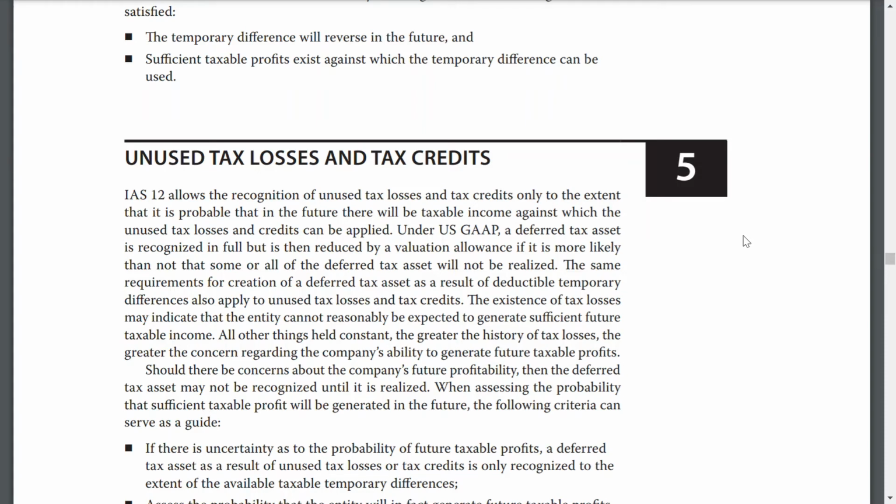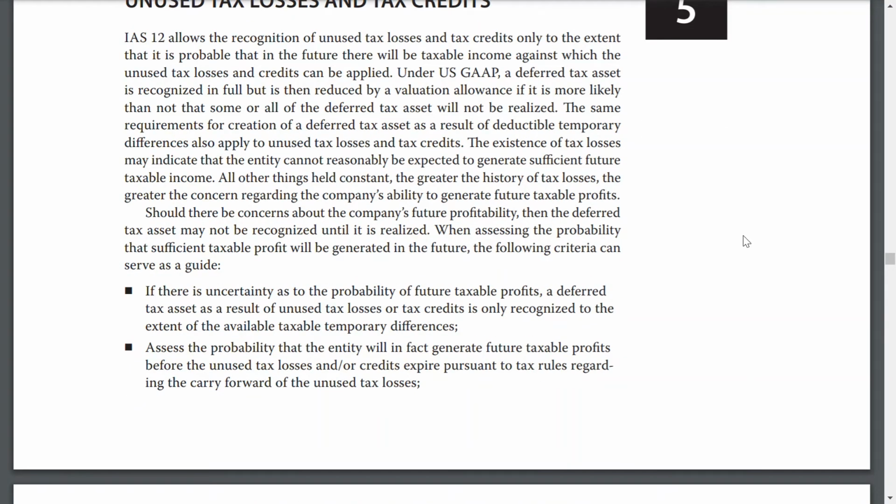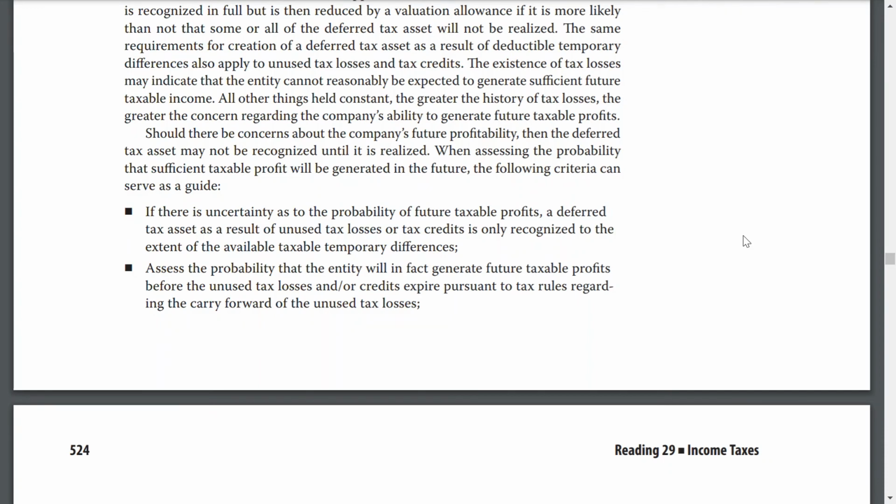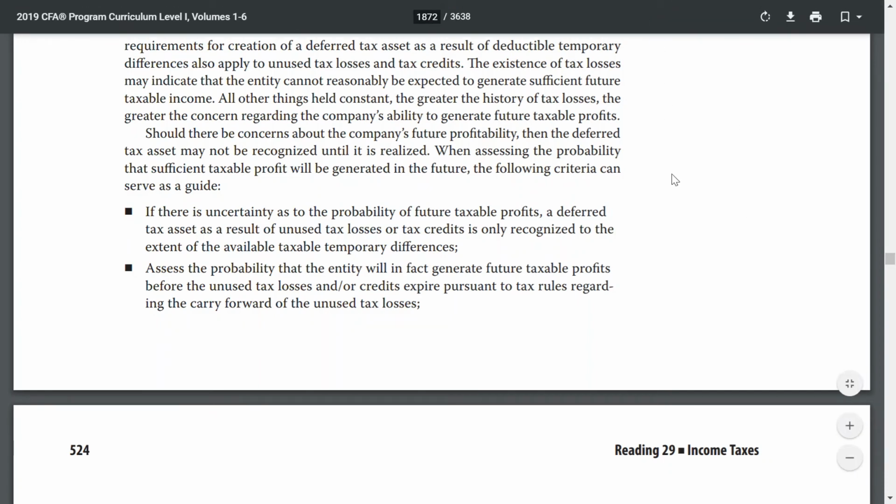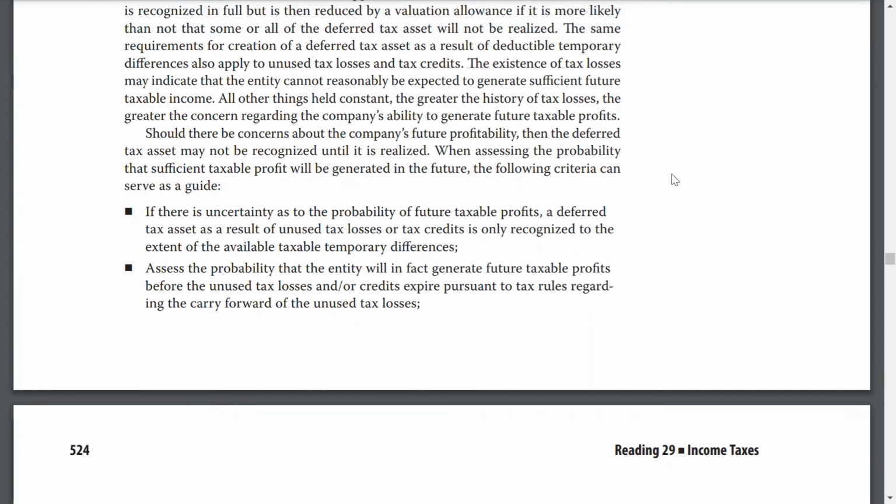When assessing the probability that sufficient taxable profit will be generated in the future, the following criteria can serve as a guide. If there is uncertainty as to the probability of future taxable profit, a deferred tax asset as a result of unused tax losses or tax credits is only recognized to the extent of the available taxable temporary differences.